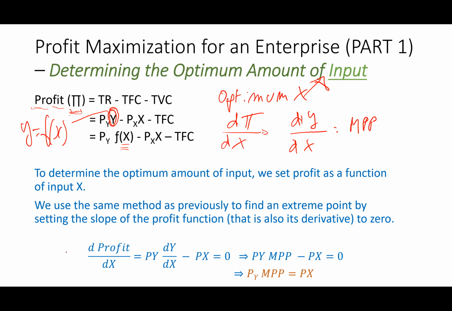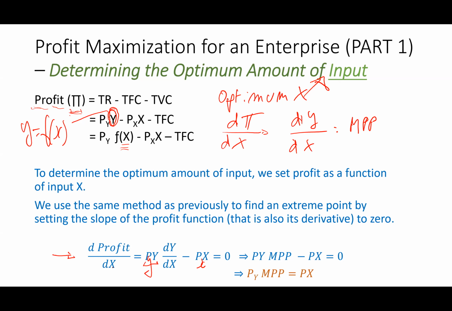And so when we derive profit, it's price of Y, this is PY, this is PX, okay?